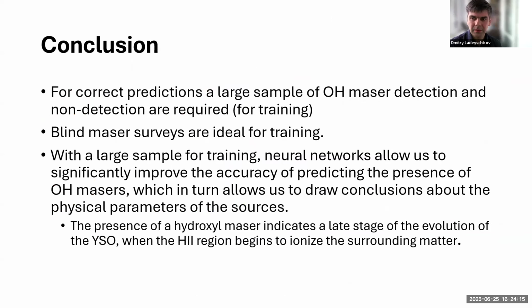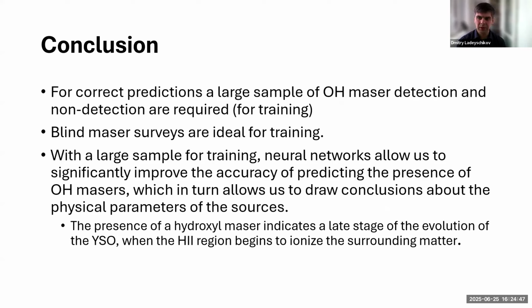For this task, blind surveys are ideal. So we're waiting for new blind surveys like GASKAP-OH, and this can dramatically increase the quality of prediction of OH masers. And training samples should be prepared very carefully, because the model is very sensitive to detection and non-detection.